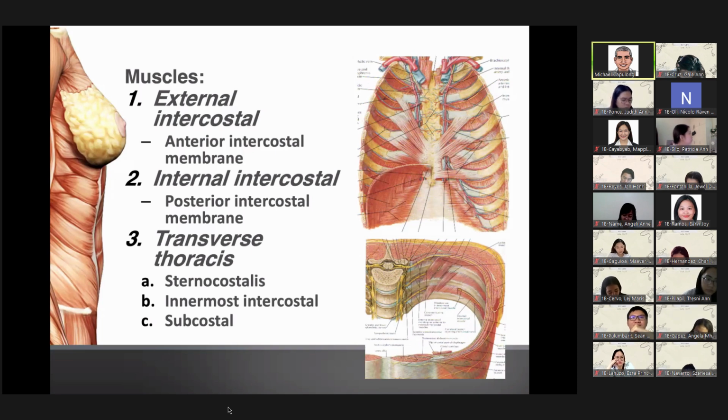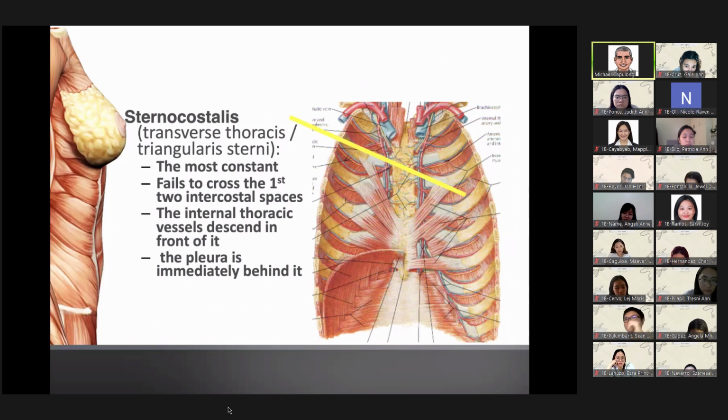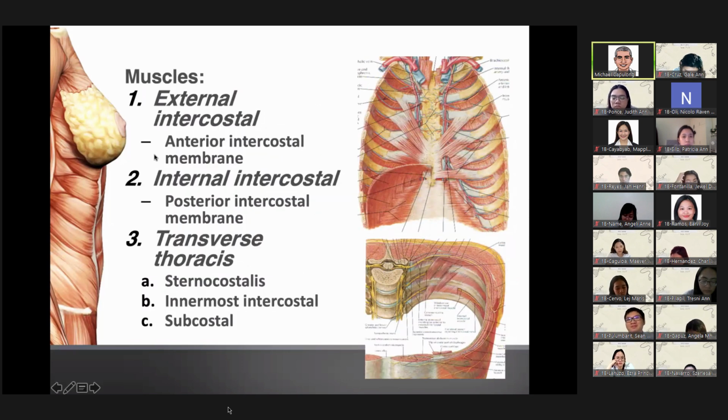Okay, now dissecting through it in the anterior chest wall. The external intercostal muscles is very important. Okay, so why is this very important?